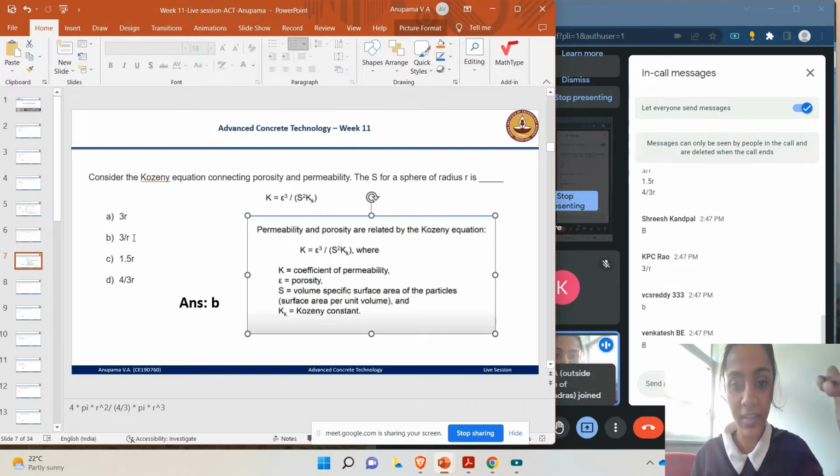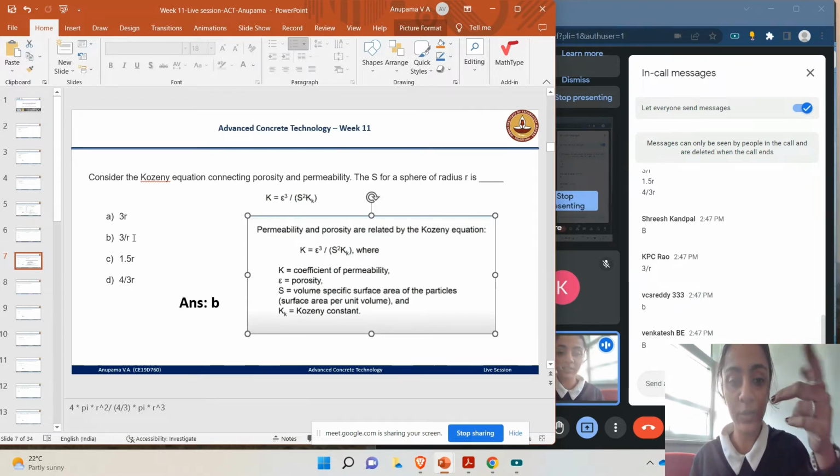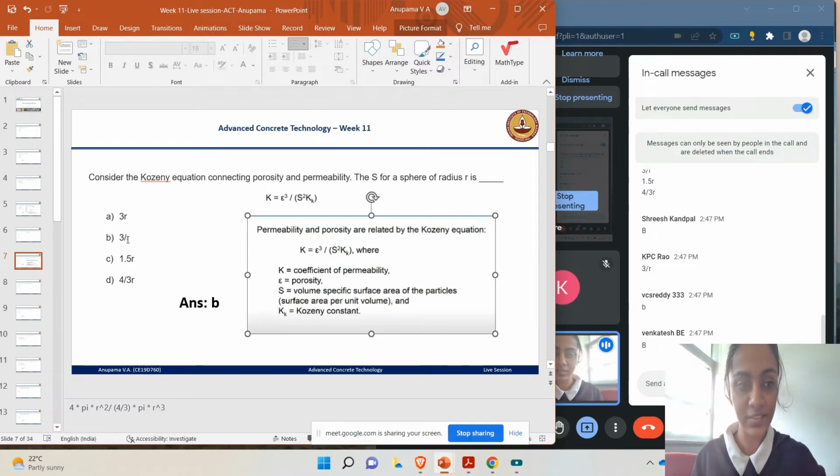So the area by volume is S. Area is 4 pi r square. Volume is 4 by 3 pi r cube. 3 will go into the numerator and r will be in the denominator. So the correct answer is B, that is 3 by r. Okay. I hope that is clear.